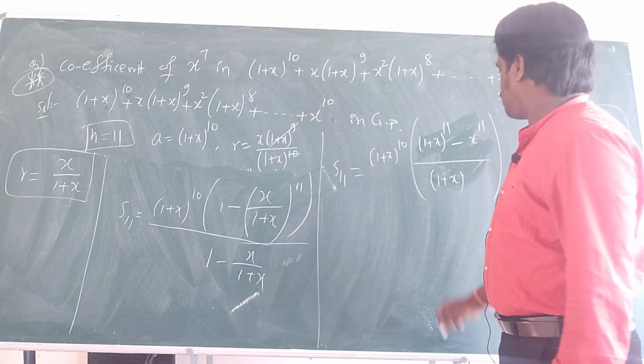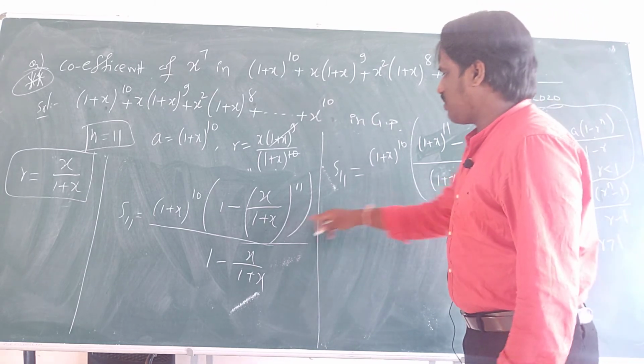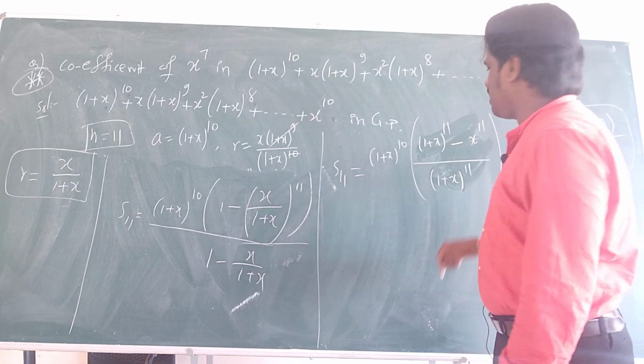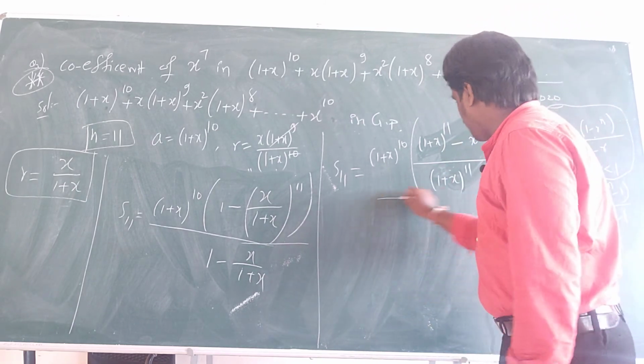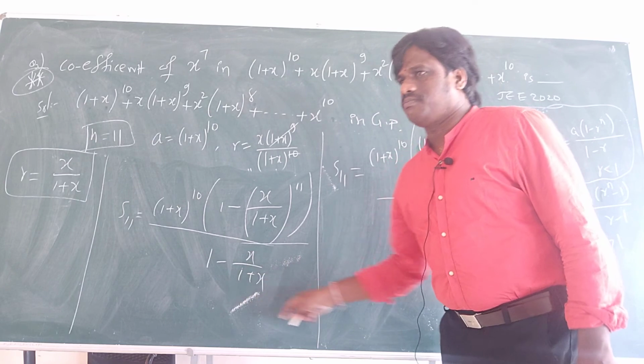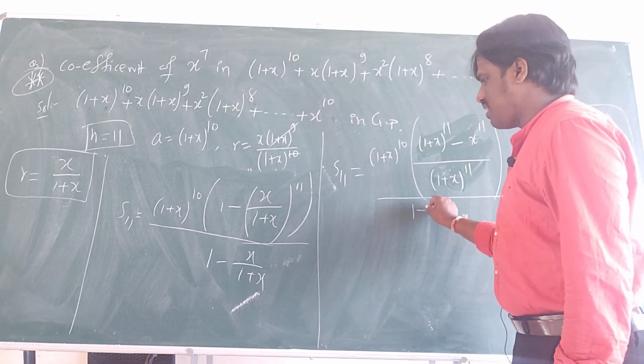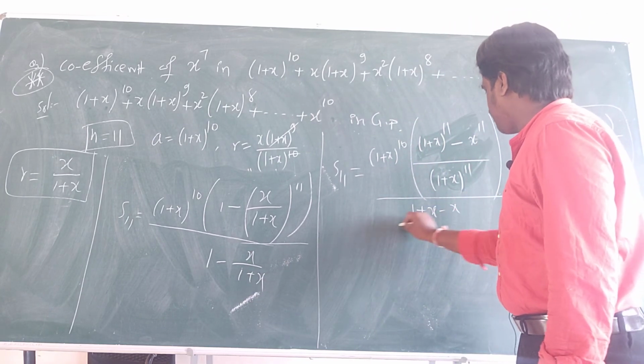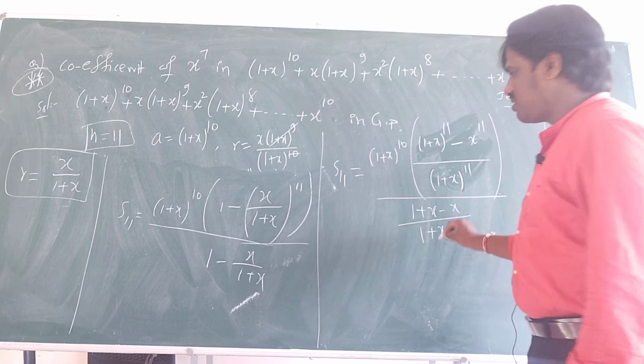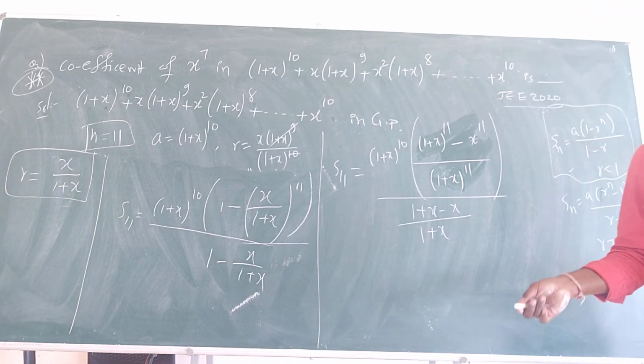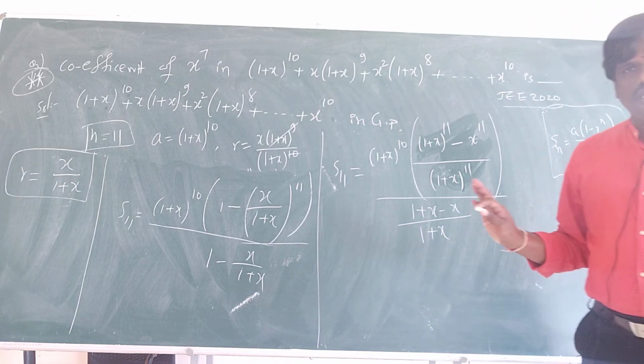See, (1 plus x) whole power 11 divided by, what do you get here on top? 1 plus x minus x, divided by 1 plus x. I am doing a simple LCM. Understood?